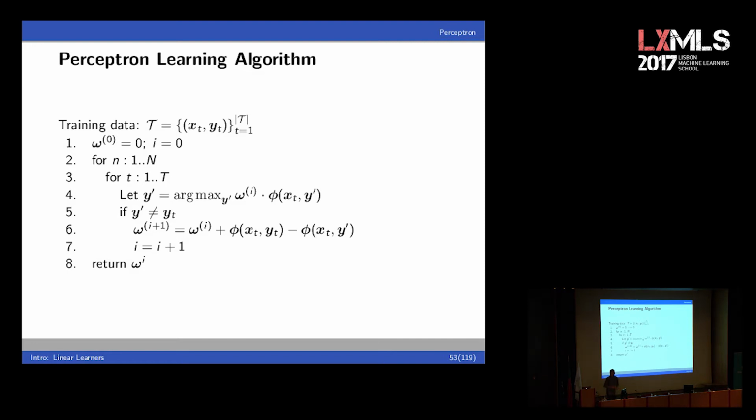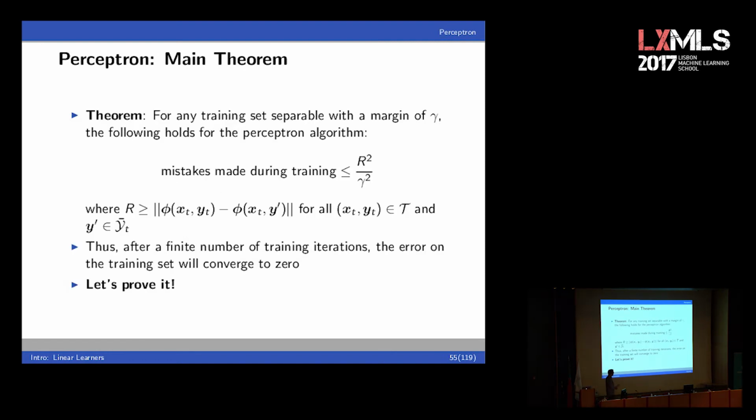This is why the number of mistakes is negatively affected by the size of the weight vector, or of the feature vector. And gamma squared, so if gamma is larger, so if the training data is easier, so if they are separable by a large margin, so if it's really easy to say this is the good ones and this is the bad ones, then the problem is also easier, yeah?